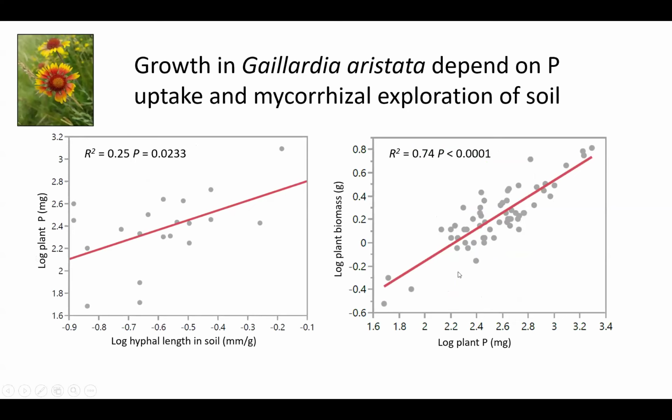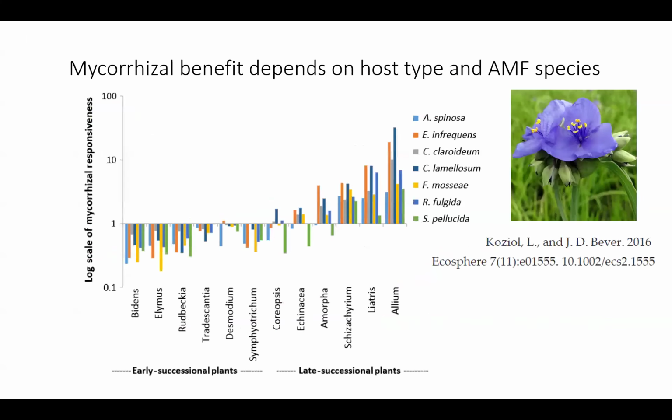And then if you look at the graph on the right, you can see that increased plant phosphorus translates into increased biomass. So it's a very simple relationship between the formation of mycorrhizas between the plant and the fungi, and then a benefit to the plant in terms of phosphorus uptake and ultimately biomass growth.